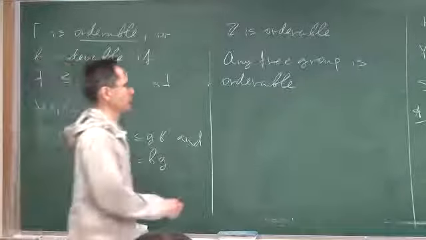If gamma is a subgroup of the group of homeomorphisms of the real line, where this plus means we only consider homeomorphisms that preserve the orientation of the real line, we don't allow flipping of the line. Consider the set of all such homeomorphisms. They form a group under composition. If gamma happens to be a subgroup of this group of homeomorphisms, then gamma is left orderable.